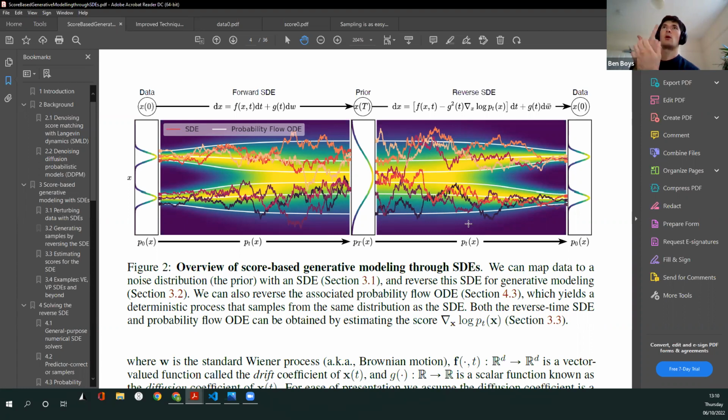You can analyze what kind of neural network you might need to approximate the score function to an arbitrary accuracy. And you can say how long you need to simulate the forward SDE for to sample close enough to a normal 0-1 distribution. So it's by posing things in this continuous framework that you can do analysis in order to get bounds on sampling. And so you can say, I need n time steps, I need this neural network, and I need to sample for this amount of time.